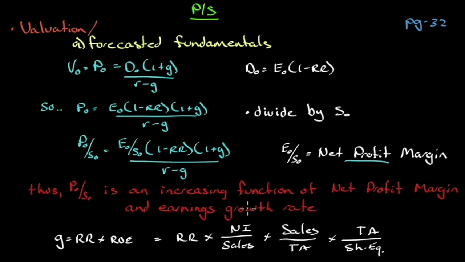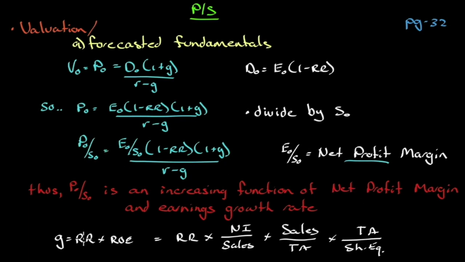So you might have two companies with two very different price to sales ratios, but one company has a higher net profit margin and a higher growth rate than the other company, and both of those companies are fairly valued based on their net profit margin and growth rate with respect to the price to sales ratio. So you can't just look at one ratio without considering the context that drives the ratio.